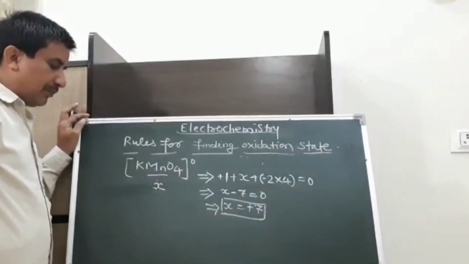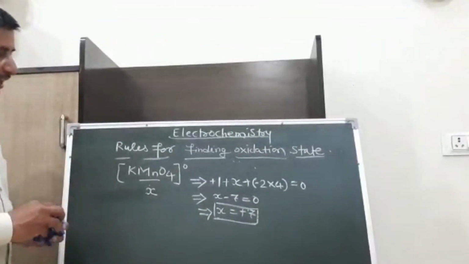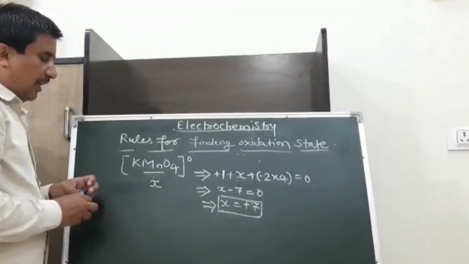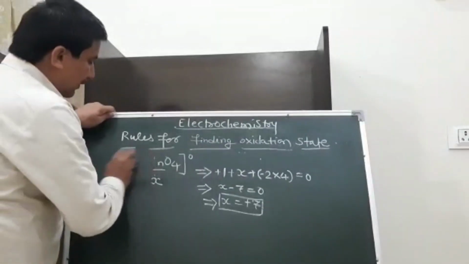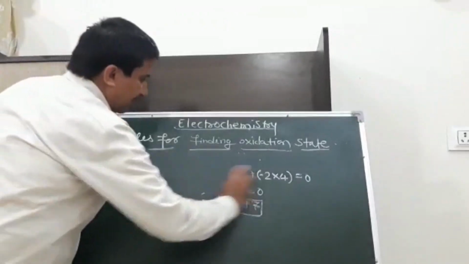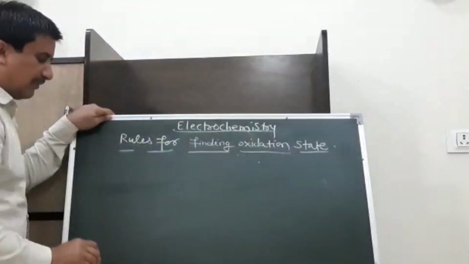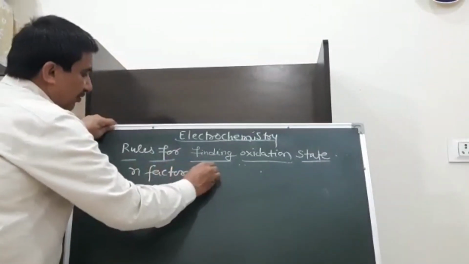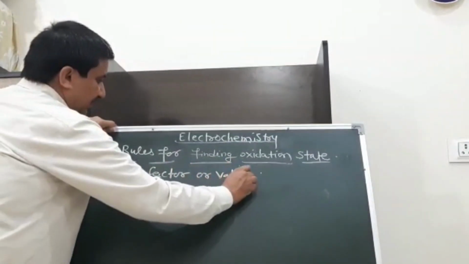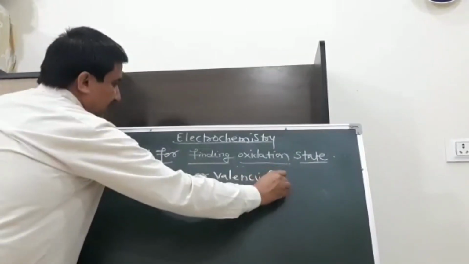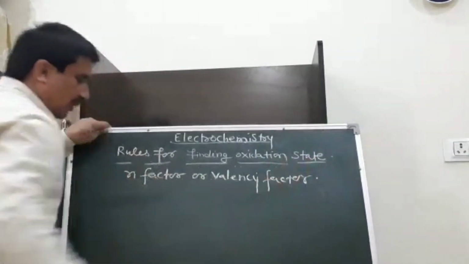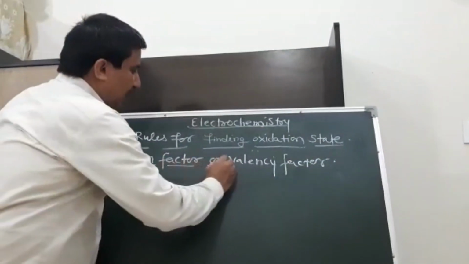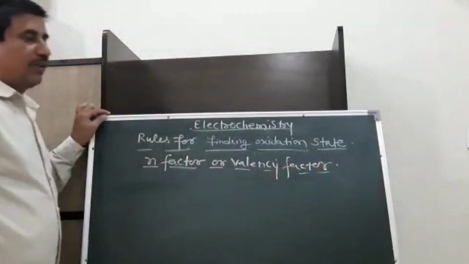Okay. Now we take another term, and that term is what? Valency factor, or some people call it the n factor. What is n factor or valency factor? Valency you have already studied, how valency is determined.